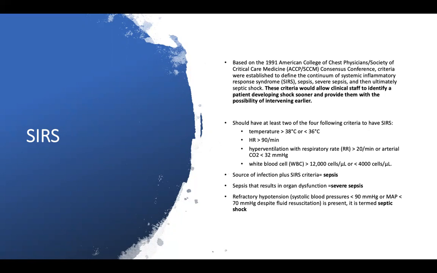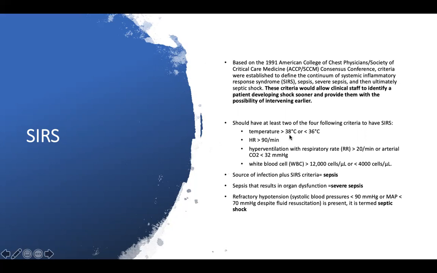The whole idea of identifying a patient with SIRS is to then hopefully intervene earlier and improve morbidity and mortality. Okay, so let's go back here and talk about the criteria that leads to the SIRS diagnosis.